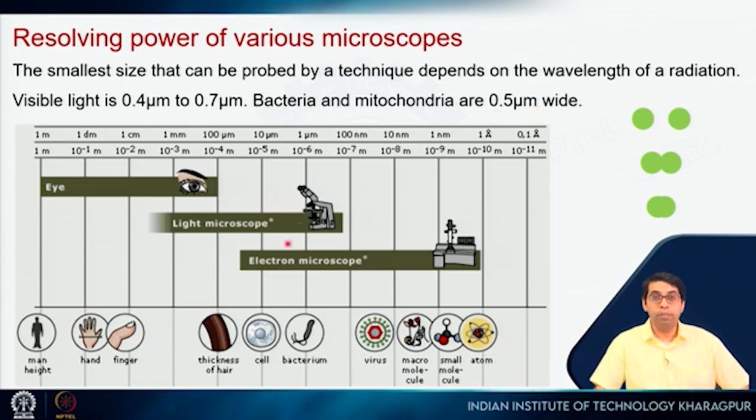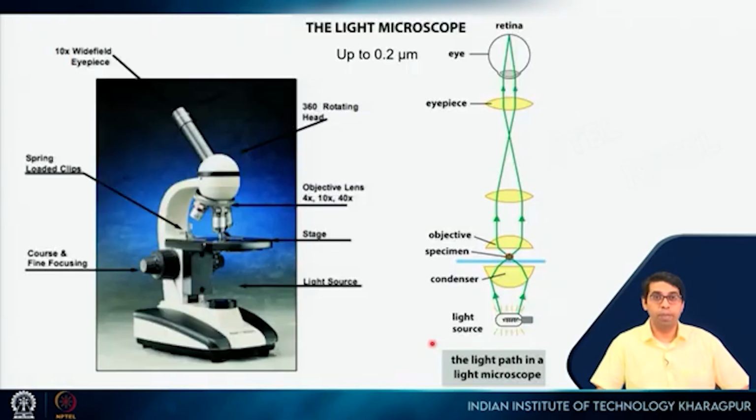So, you can see them using a light microscope. If you want to probe something that is even smaller, then we will have to use a more powerful technique, which is electron microscope, which uses electrons whose wavelengths are even smaller. And then if you want to look at proteins, we use X-rays so that we can get atomic details, where the wavelengths are even smaller, right.